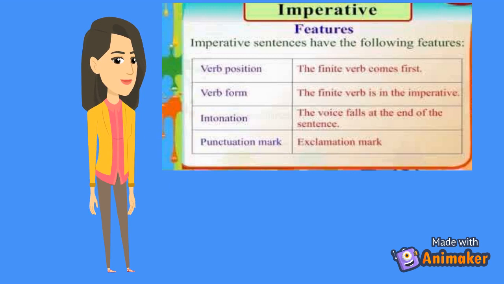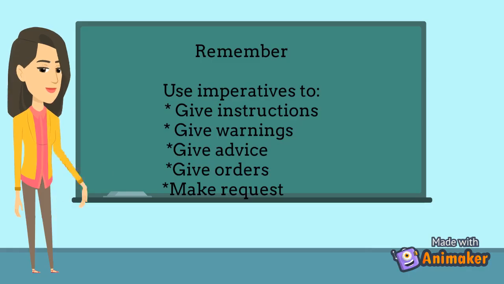Punctuation mark: the exclamation mark. So what did we say was an imperative verb? An imperative verb is used to give instructions, give warnings, give advice, give orders, and make requests.